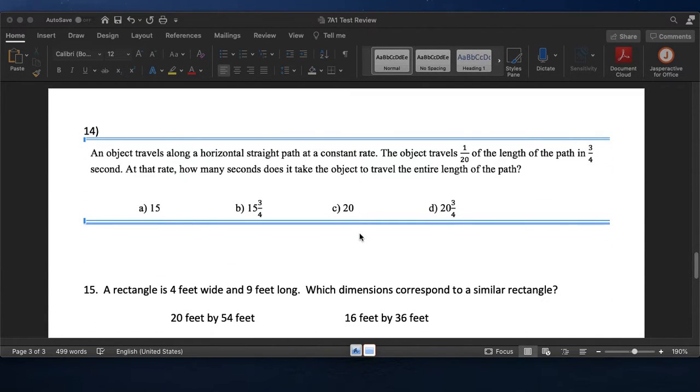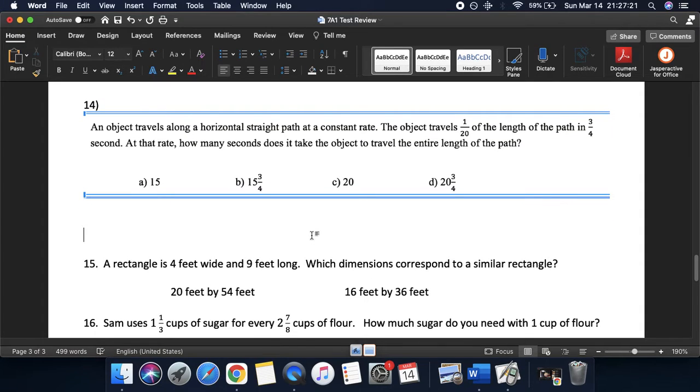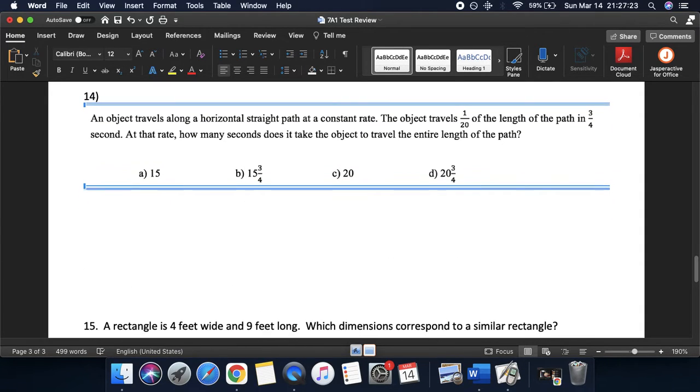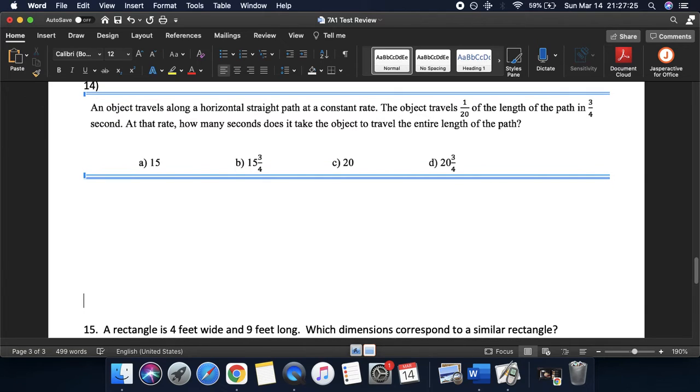15. So an object travels a straight line at a constant rate. The object travels 1/20th of the length of the path in 3/4 of a second.